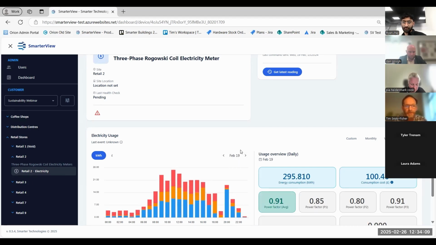What we can see here on the 19th of February is a little bit of energy being used outside of hours, as you'd expect, that increasing during shop operational hours. And an unusual data set actually at the end, you may expect the energy to drop off there. Perhaps staff have turned heating on for some activity outside of the normal operating hours.